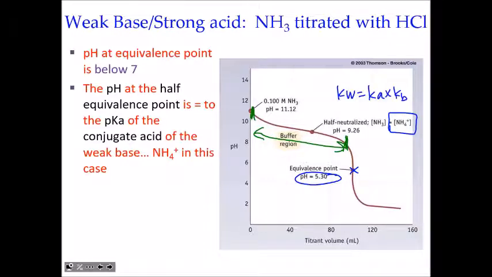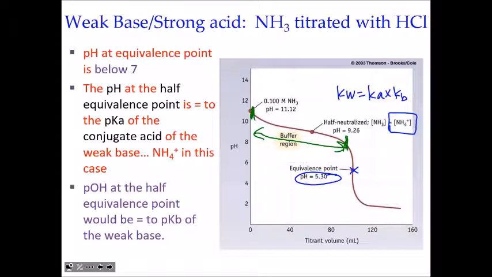So if they gave you the base, they gave you the Kb, but you needed to find the pH at the midpoint, one option is to use that formula, find the Ka, and do the negative log. You do have another option, which is the same idea but a different way of working it.